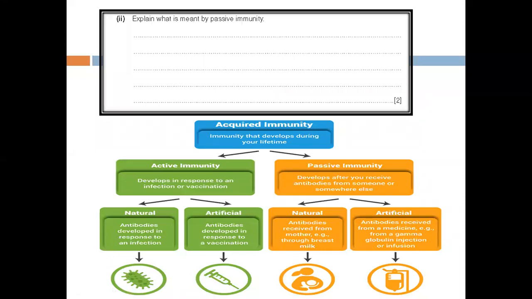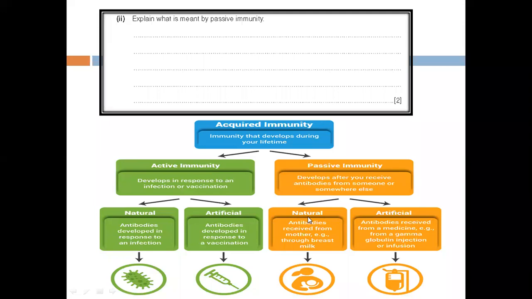In this case, you are receiving ready-made antibodies from another person, while in active immunity, antibodies and memory cells are developed in your own body. In passive immunity, the antibodies you receive from your mother develop naturally.